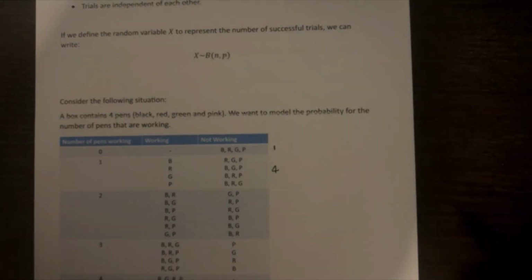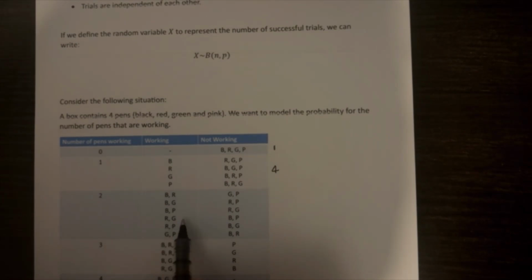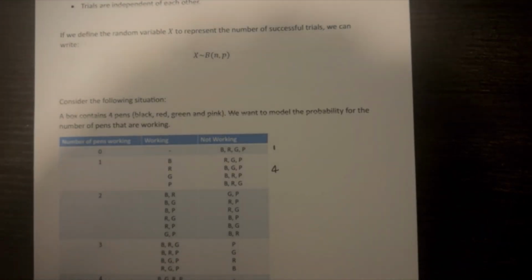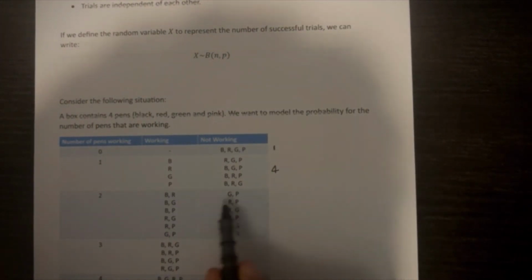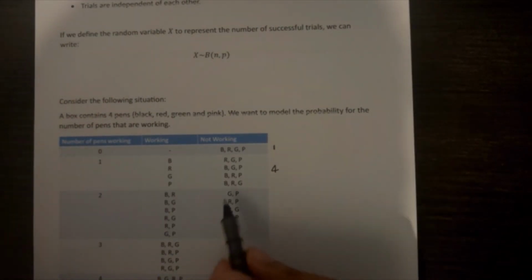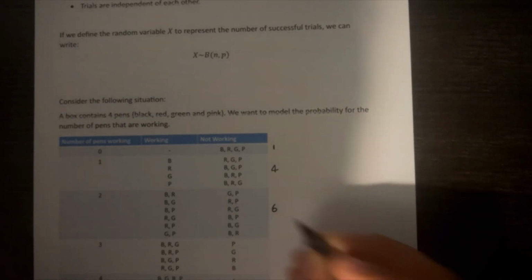When there are 2 pens working, well, all the possible pairs: black with red, black with green, black with pink, red with green, red with pink, green with pink. And equally, the corresponding pairs don't work. So when black and red do, green and pink don't, and so on. In either case, there are 6 different possibilities there.